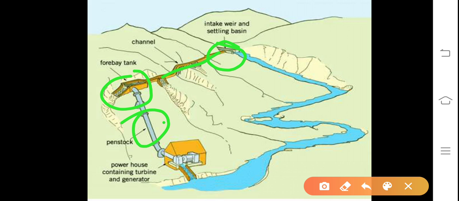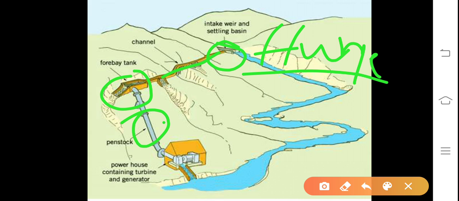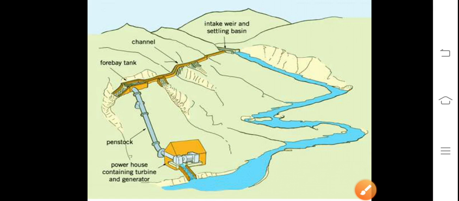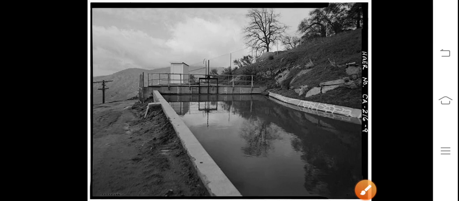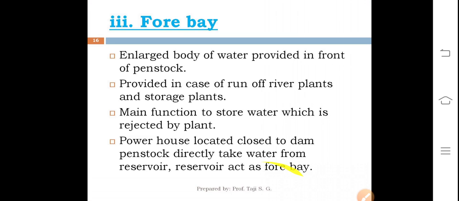The pipeline may be of steel or concrete pipes known as Hume pipes. Hume pipes may be used, or steel pipes are used. Both are used widely. Then this is also another photographic view of an open channel and reservoir.